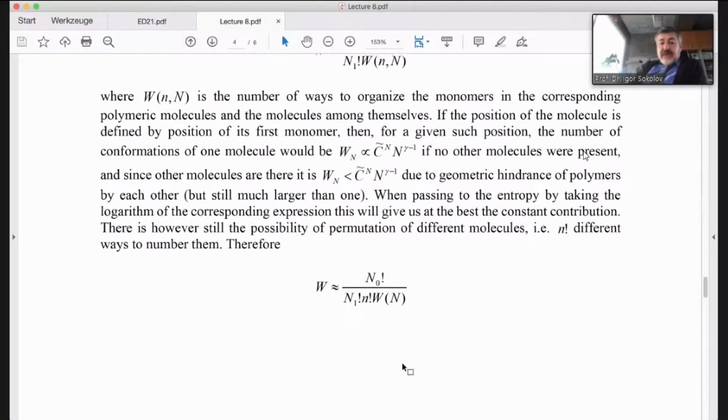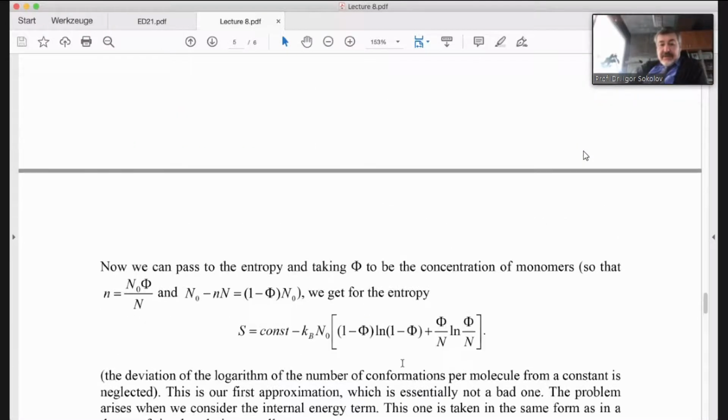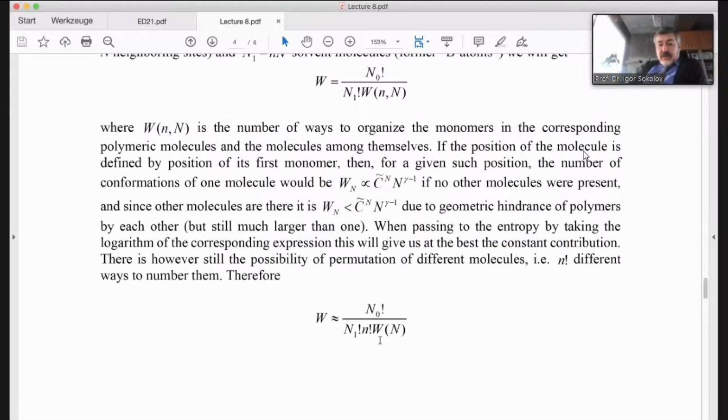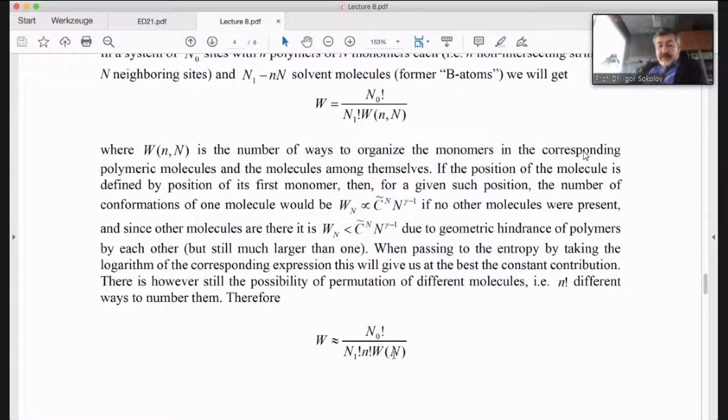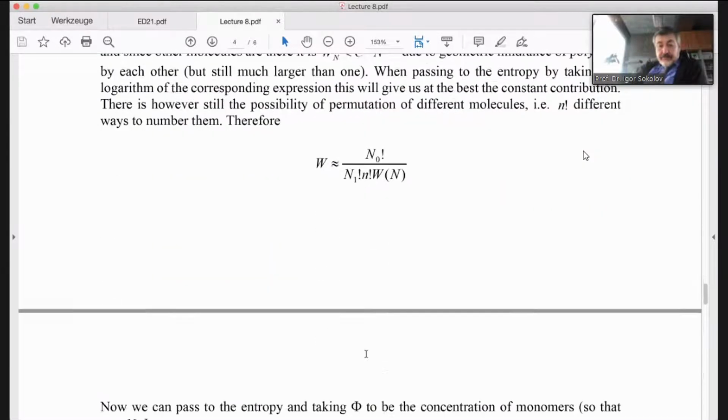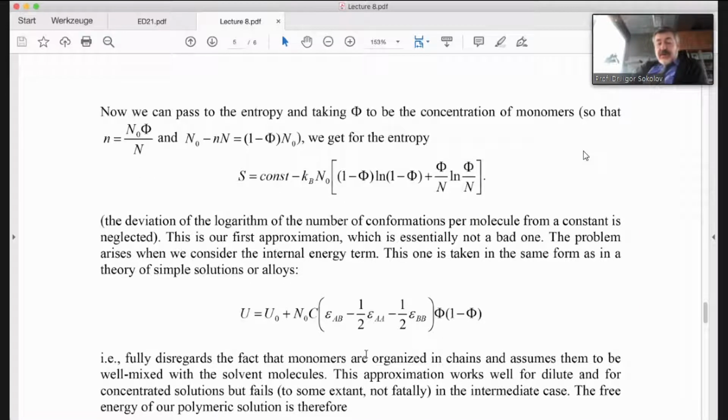And now if you take the log of all of this, the log of this is a constant. And here you have the number of placements of the beginning of the molecule. So essentially the number of beginnings is the number of monomers divided by the length of the molecule.